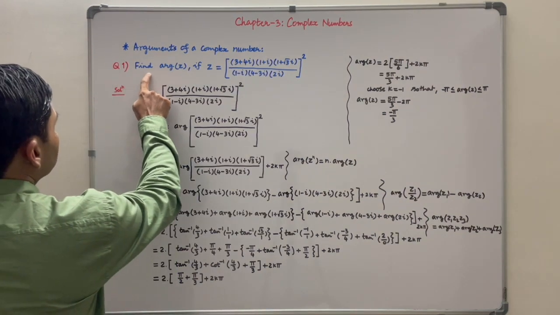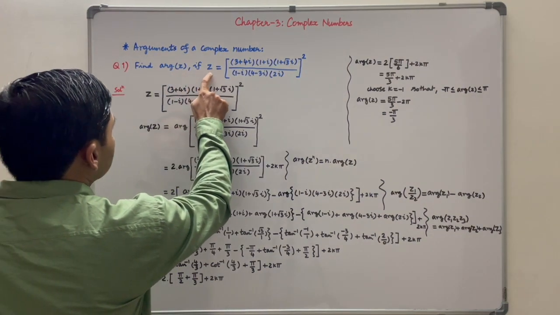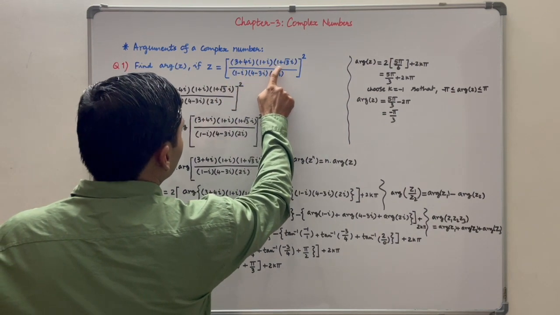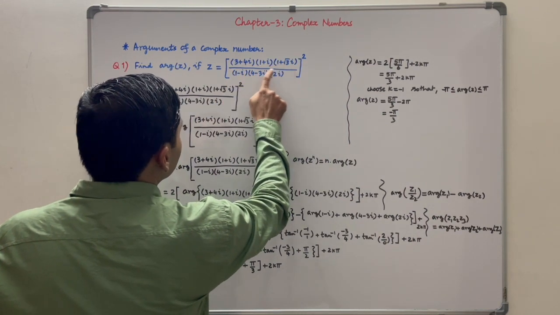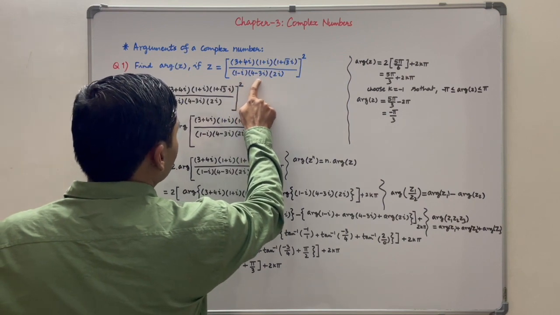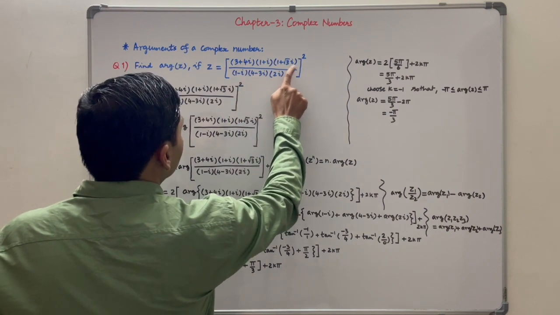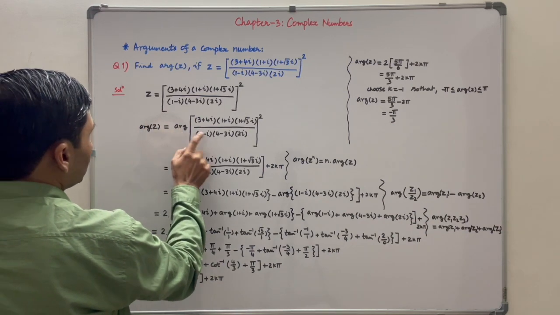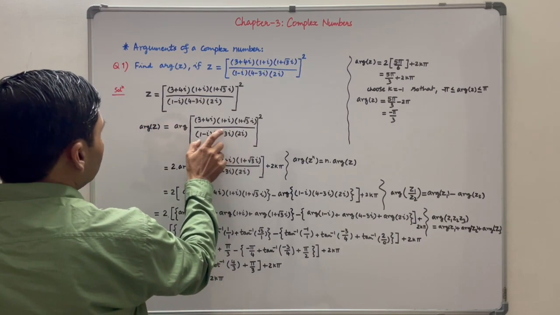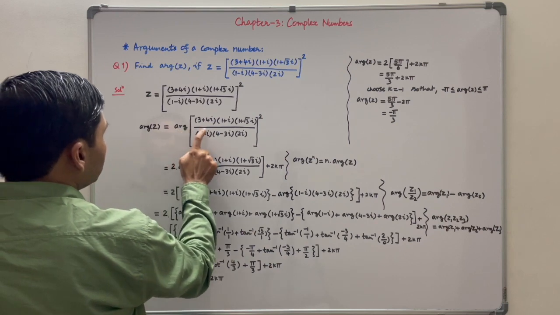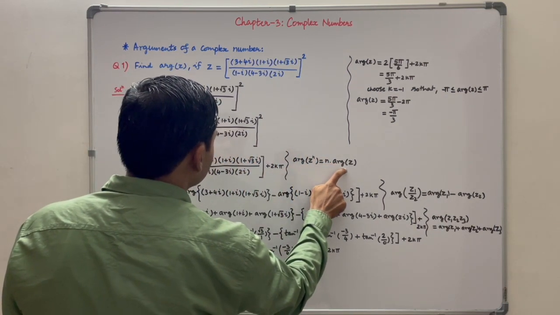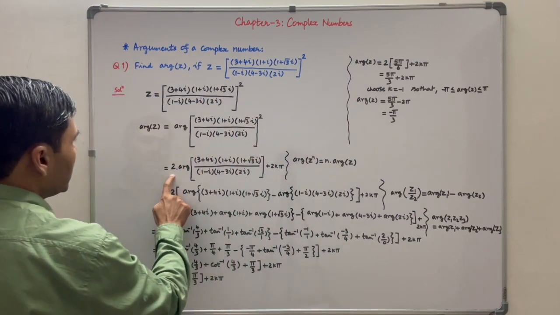First question, find argument Z if Z is equal to 3 plus 4i into 1 plus i into 1 plus root 3i upon 1 minus i into 4 minus 3i into 2i whole square. Argument of Z is equal to argument of this whole. This is in the form argument of Z to power n, which is equal to n times argument Z. So 2 will come here.